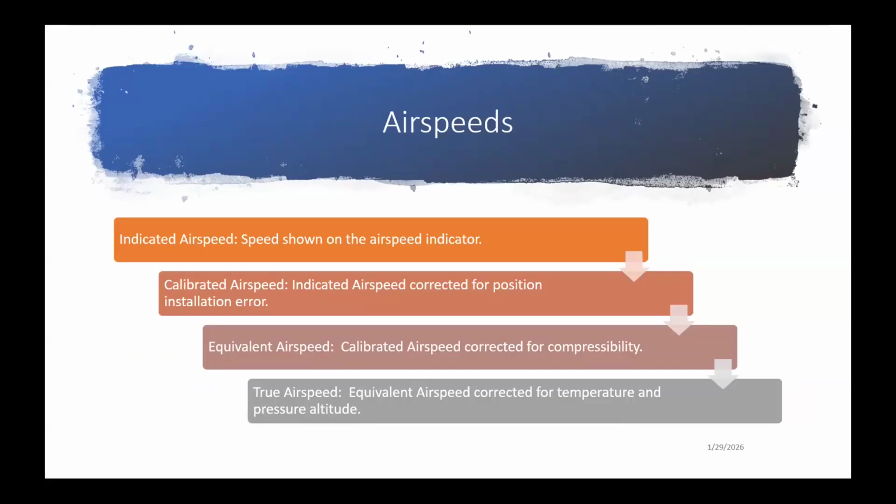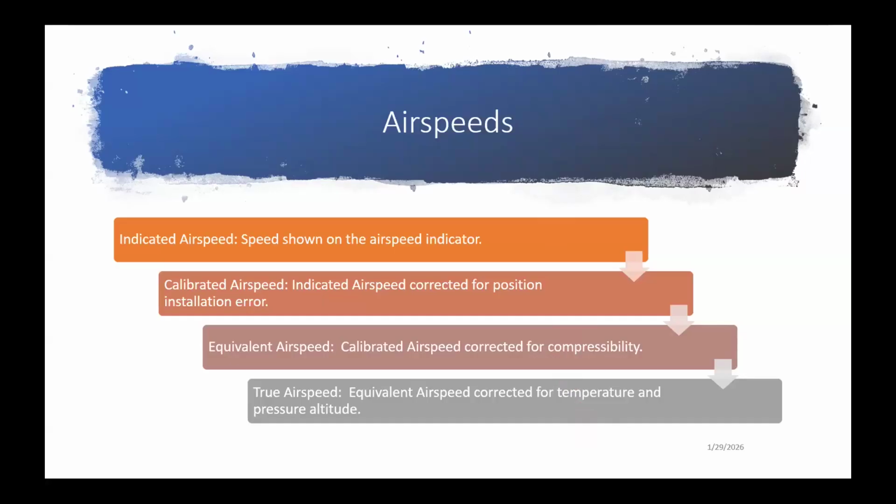The equivalent airspeed is the calibrated airspeed corrected for compressibility, and the true airspeed is the equivalent airspeed corrected for temperature and pressure altitude. What I was taught when I was learning to fly, they called it iced tea: indicated, calibrated, equivalent, and true.